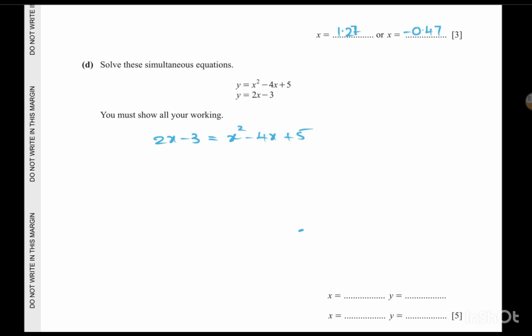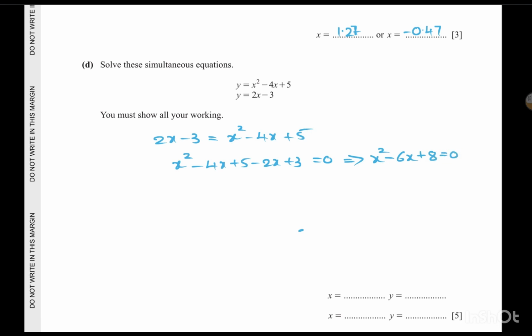So here, if you take all these left hand side terms to the right hand side, you get x square minus 4x plus 5 minus 2x plus 3 will be equal to 0. So this will be x square minus 4x minus 2x is minus 6x plus 5 plus 3 is plus 8 is equal to 0. We get a quadratic equation.